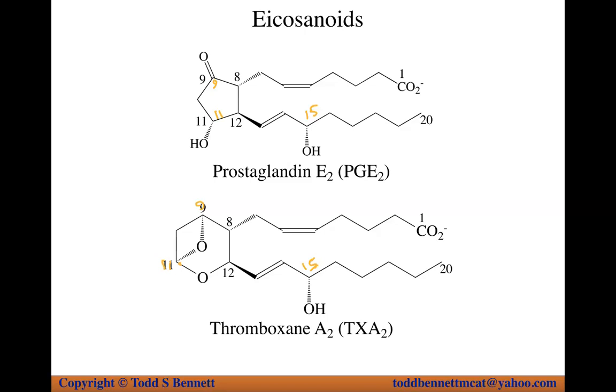Examples are uterine contraction, heart muscle triggering, respiratory, like asthmatic response can sometimes be prostaglandin driven. So a lot of these things are local response, not just clotting like we have here, but just a lot of local messenger molecules.